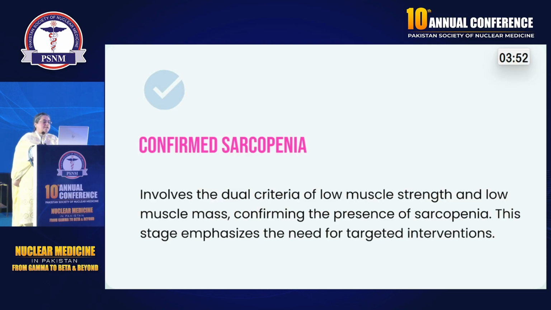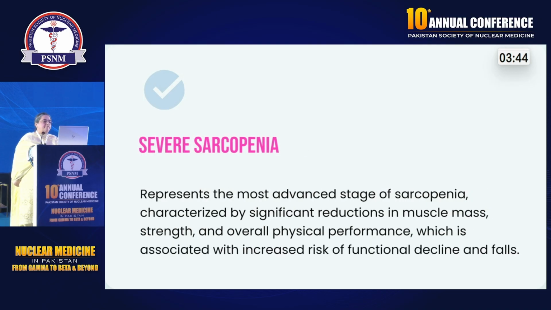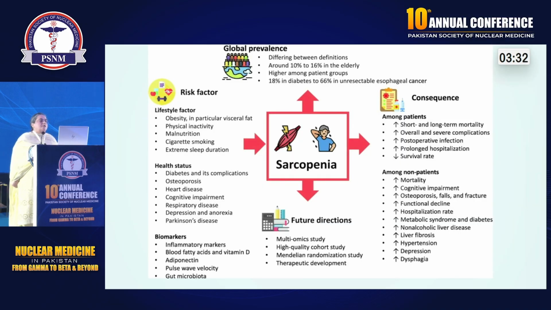This stage emphasizes the need for targeted interventions like amino acids, protein intake, physical exercise, and everything. And there is severe sarcopenia, an advanced stage characterized by significant reduction in muscle mass, strength, and overall performance. So this is a wrap-up of sarcopenia.